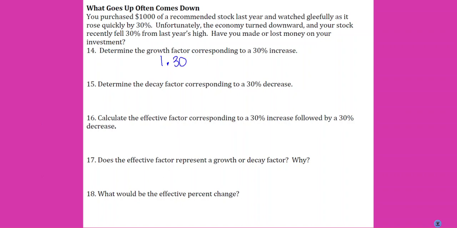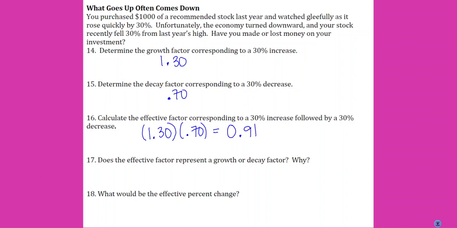The decay factor corresponding to a 30% decrease would be 0.70. Remember, we take away from 100%. So the effective factor would be 1.30 times 0.70, which gives us a factor of 0.91.